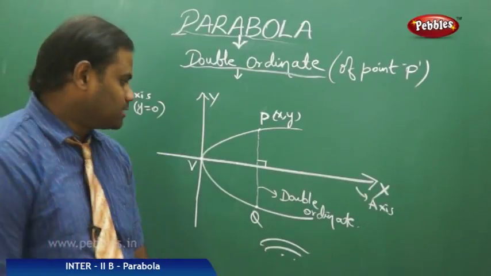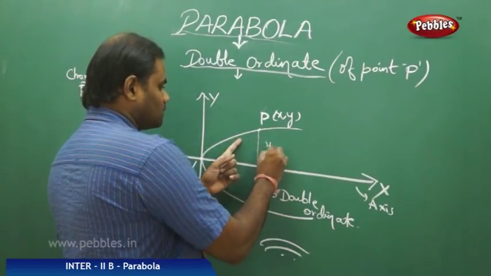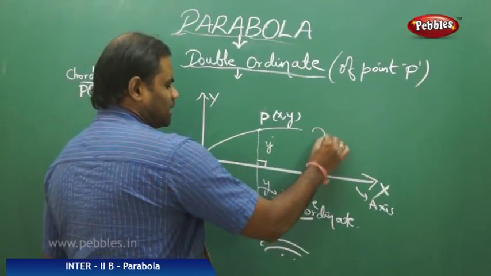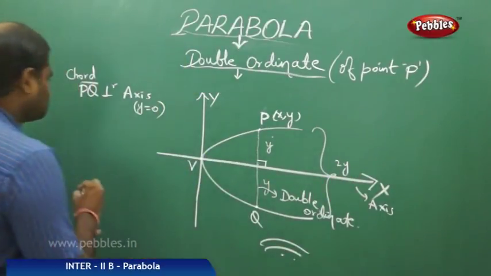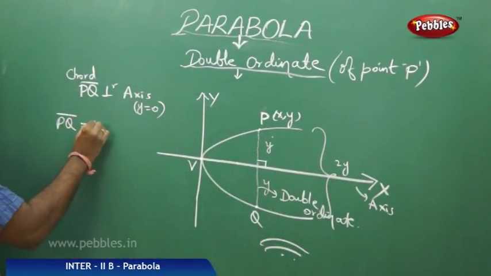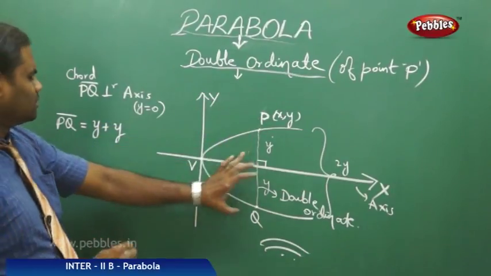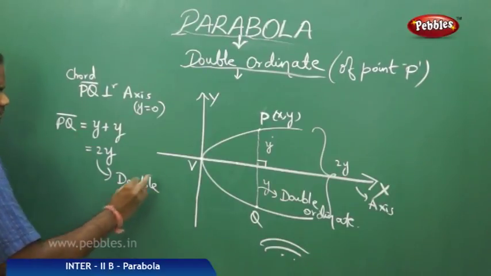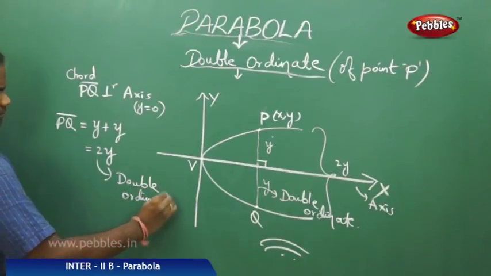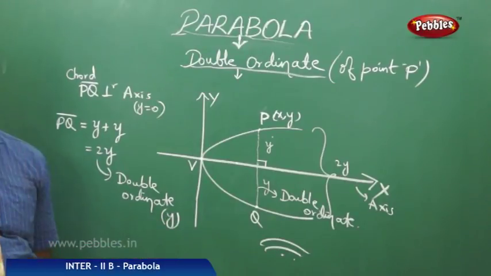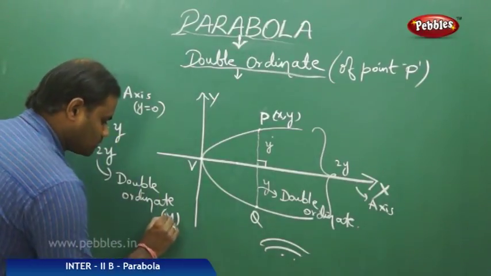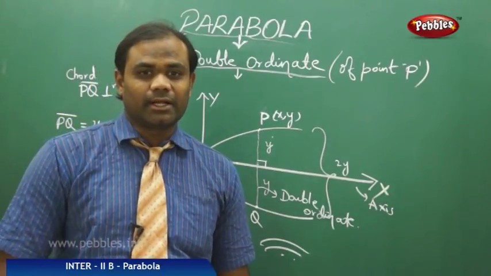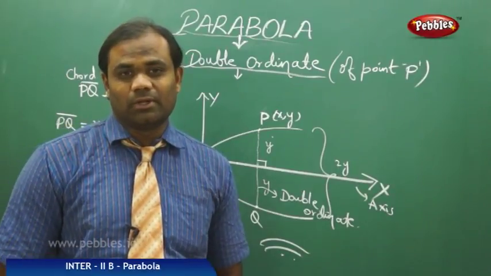The reason for double ordinate is if I take this as y and this distance will also be y, then when you add I get 2y. Therefore the length of PQ is y plus y, that is 2y, and this is the double ordinate, 2 times y. That is how we understand the double ordinate connected with the chord of the parabola.